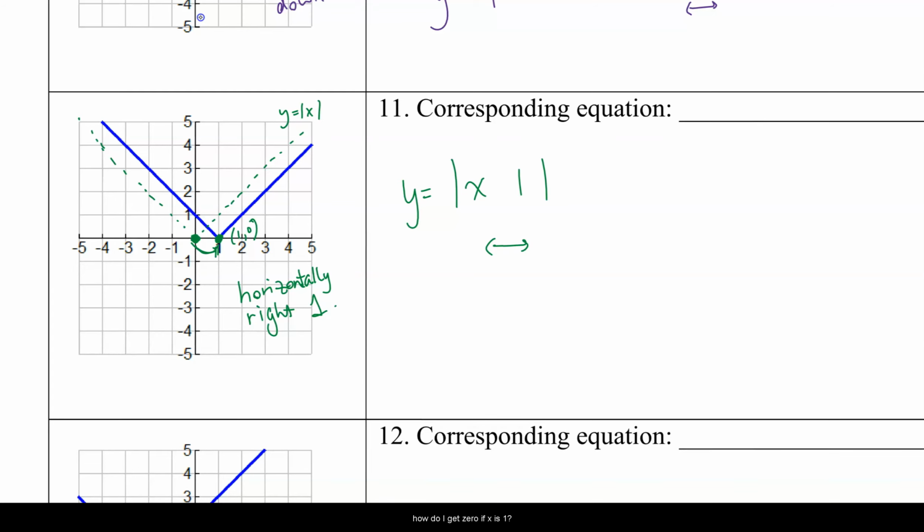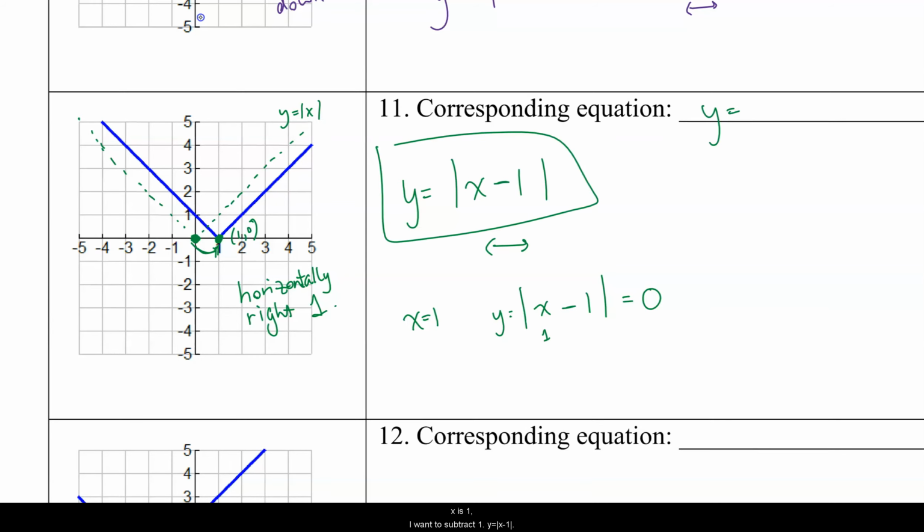How do I get 0 if x is 1? Well, since x is 1, if I'm sitting here with absolute value of x and 1, I need this to be 0. X is 1. I want to subtract 1. Y equals absolute value of x minus 1. Subtracting 1 is a right shift.